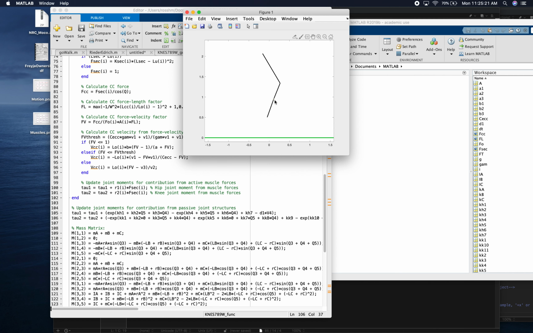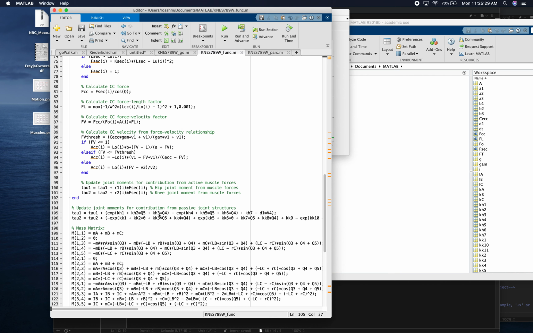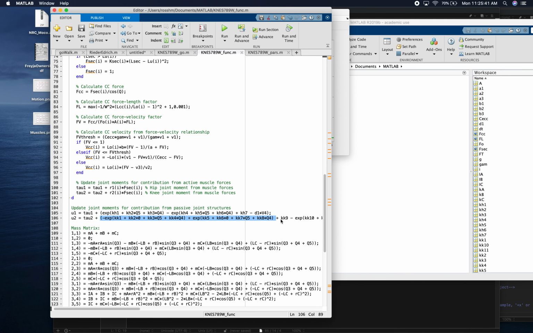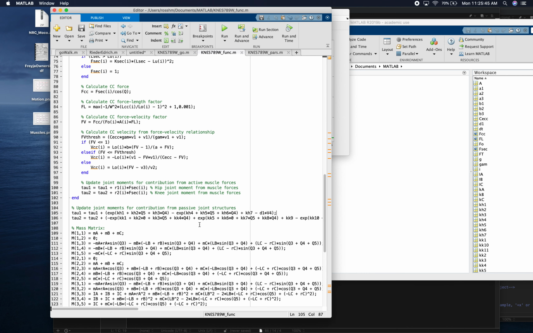Technically it could, but it would take tremendously large unrealistic muscle forces to move the knee into appreciable hyperextension. So these passive moments that I added are essentially restricting the range of motion of the joints to physiologically realistic ranges. Okay.